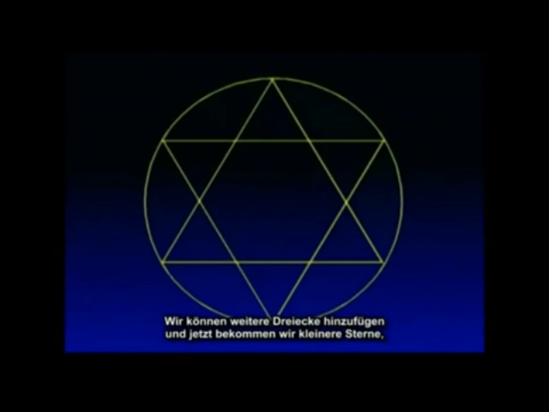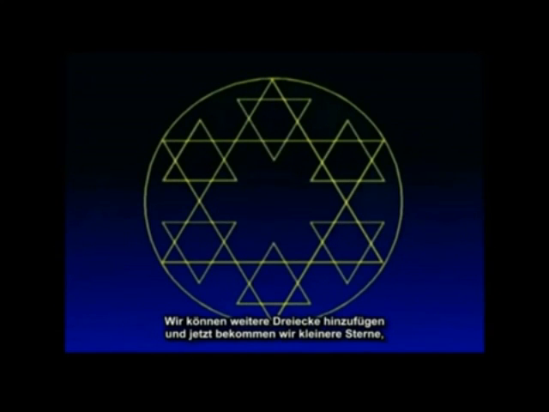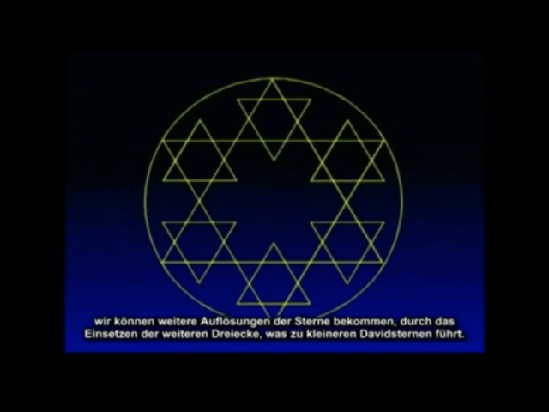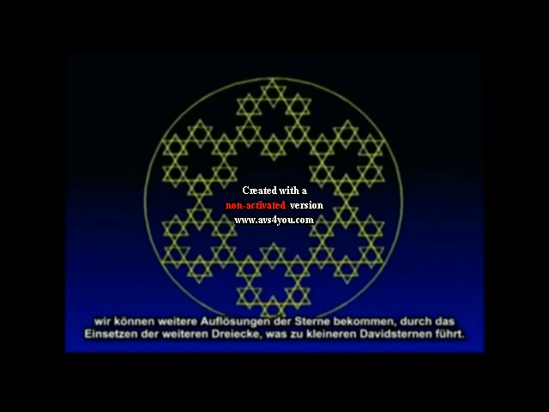Now we can continue to add triangles. And now we get smaller stars, baby stars of David. Okay, baby six-pointed stars. We can continue to add other resolutions of stars by adding more triangles.